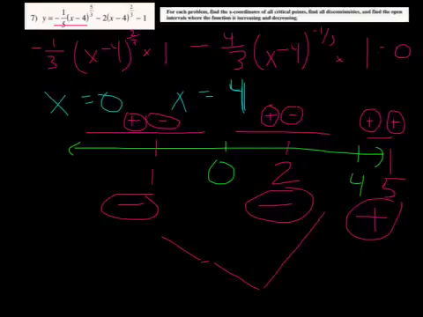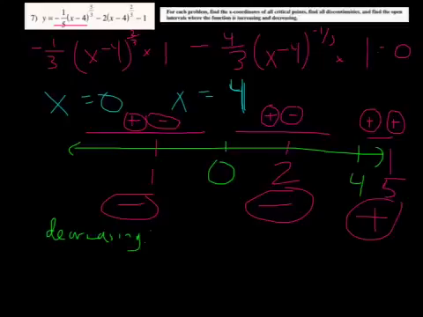So now that I know this, I can plot my intervals and when they're decreasing and increasing. So let's write this down. Okay, so it's decreasing from negative infinity to 0 and 0 to 4.